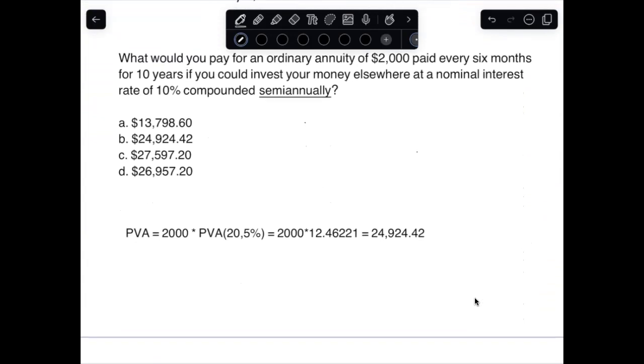Okay, let's look at another example. What would you pay for an ordinary annuity of 2,000 paid every 6 months for 10 years if you could invest your money elsewhere at a nominal interest rate of 10% compounded semi-annually?